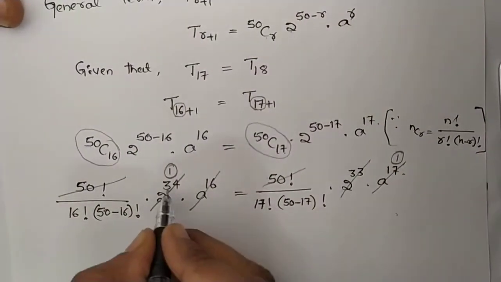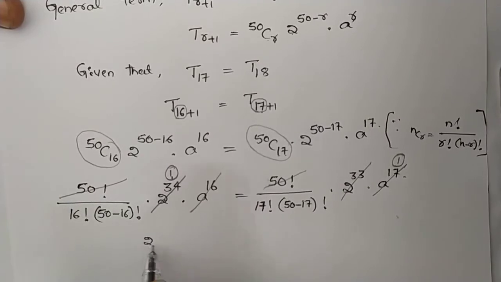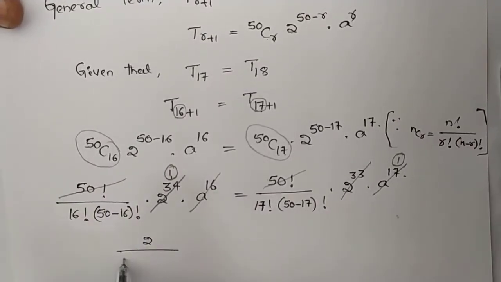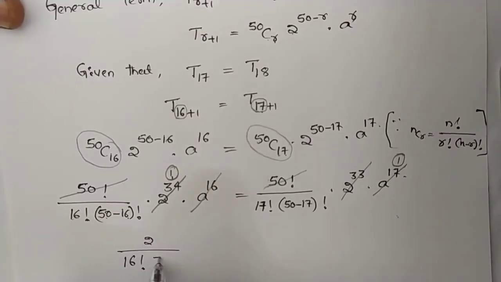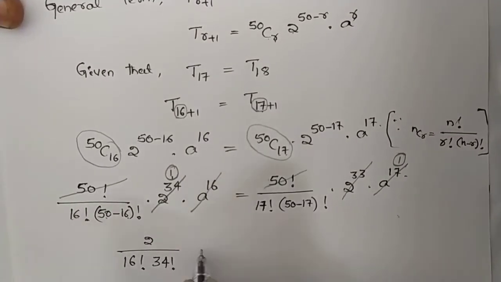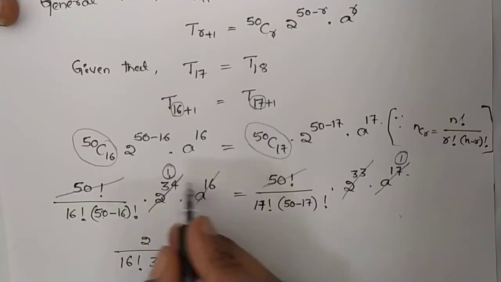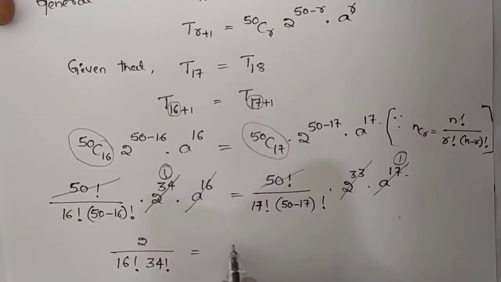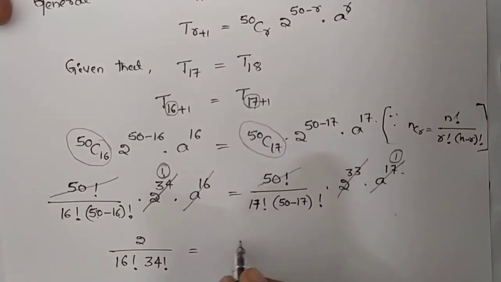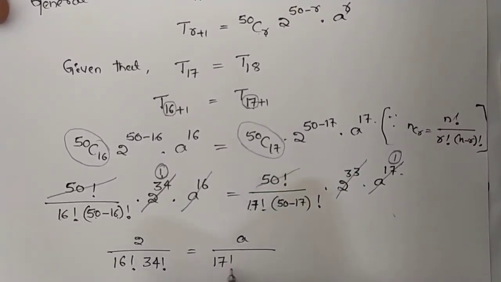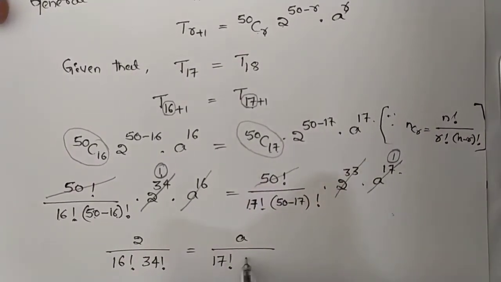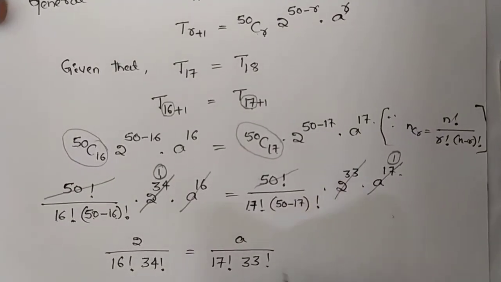So 2 divided by 16 factorial into 34 factorial equals, next, a divided by 17 factorial into 33 factorial.